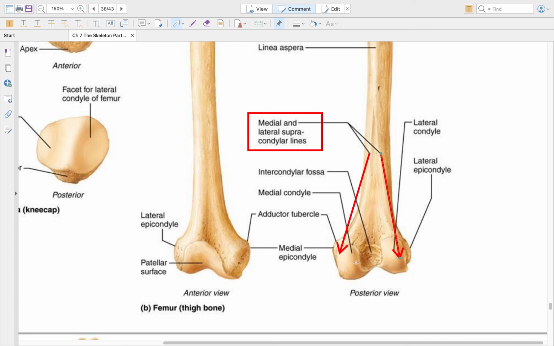And in between the two, we have the intercondylar fossa, which is this perfectly circular marking right there. And if we look at the anterior view, you'll see the patellar surface. Patella, that's your kneecap. And that is where the knee is going to articulate.